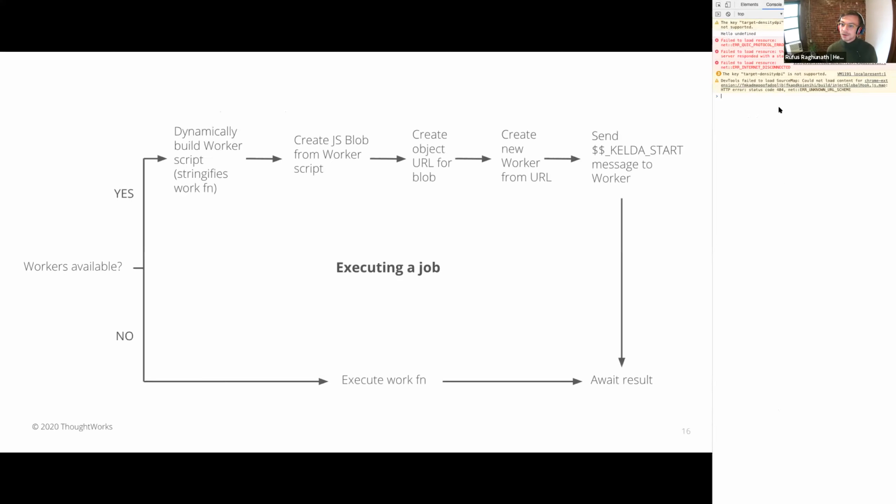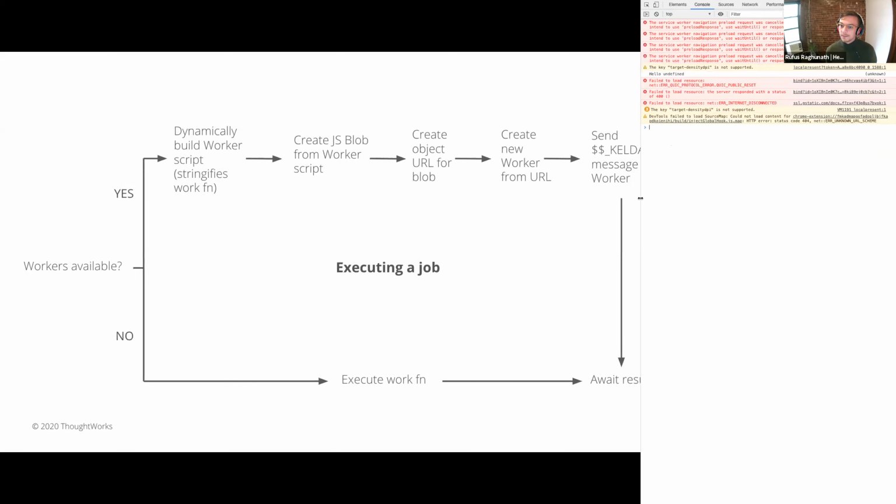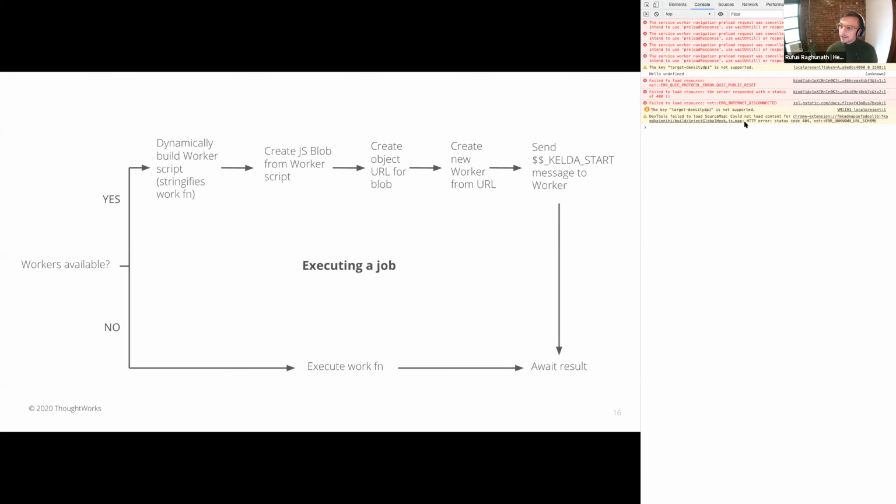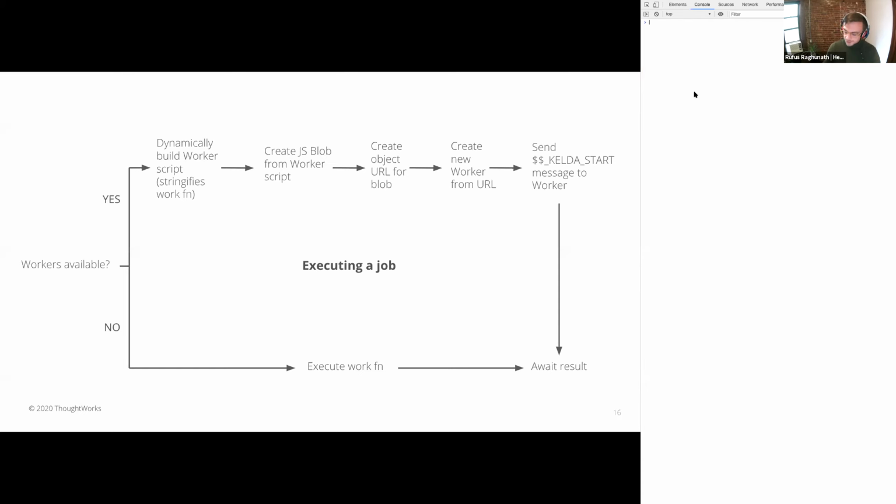So let me just demonstrate to you what that means exactly. So hopefully, can you see that okay? Is that too small? I hope you can see that. So I'm just going to quickly make a function here, and I'll call that hello name. And this will just log out the name.